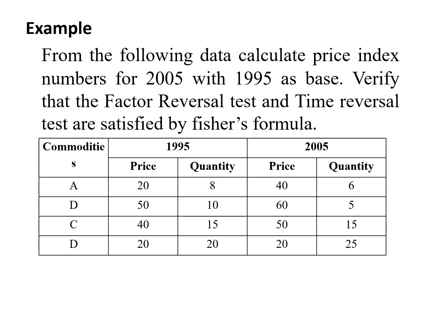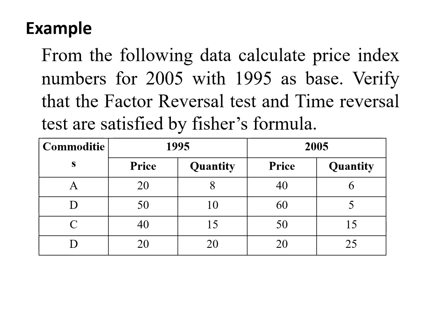For example, from the following data, calculate price index numbers for 2005 with 1995 as base. Verify that the factor reversal test and time reversal test are satisfied by Fisher's formula. In the given example, there are four commodities A, B, C, D, and for the year 1995 they gave price and quantity, also 2005 price and quantity.